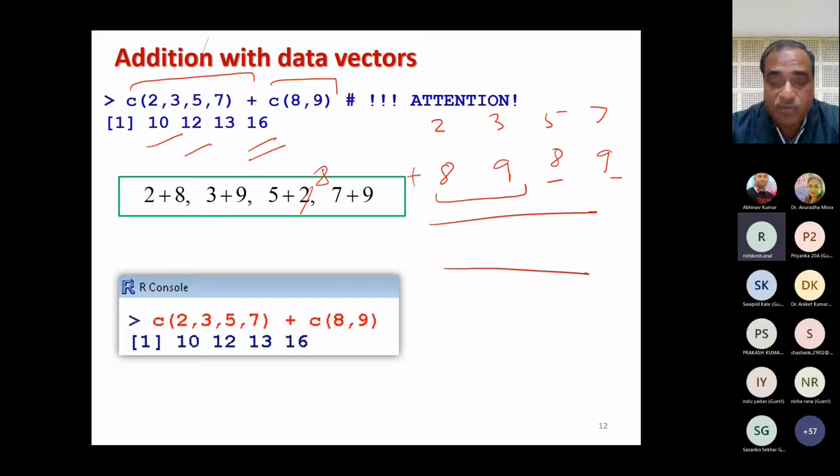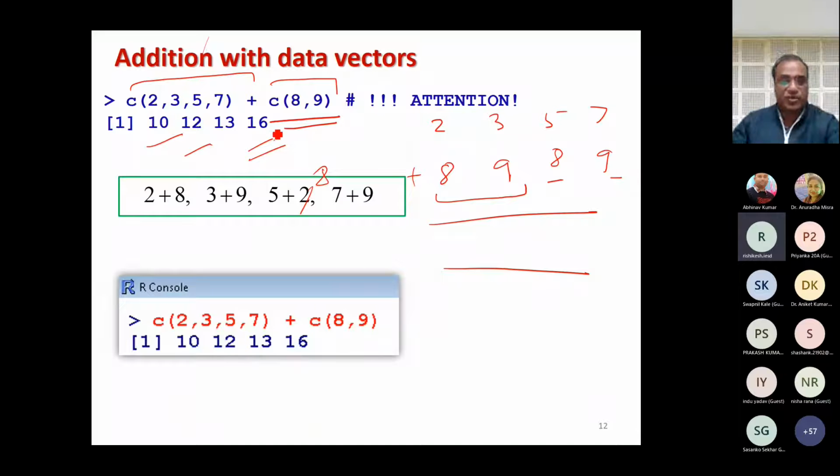Now, when you are trying to do so, you have two options. The first option is that the number of elements in the second data vector is an exact multiple of the number of elements in the first data vector. The second option is that it is not an exact multiple. Here you have 4 elements and here you have 2 elements, so this is an exact multiple of the total number of elements.